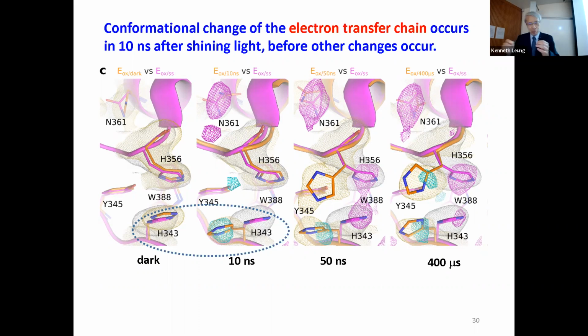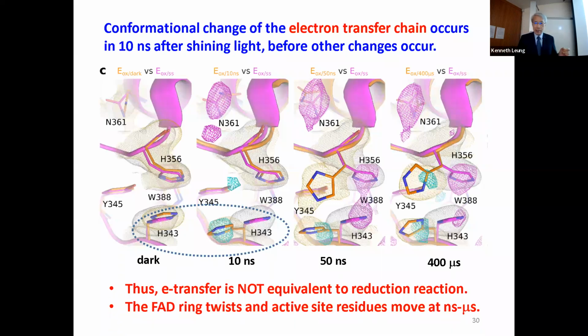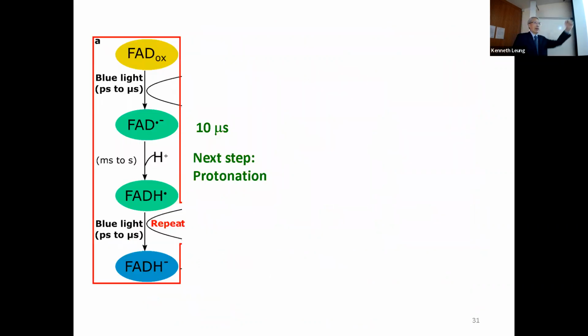Electron is transferred to the ligand, and then the ligand has to digest that electron, accept that electron into the structure. So electron transfer is not equivalent to the reduction reaction. Okay, is that complicated enough?